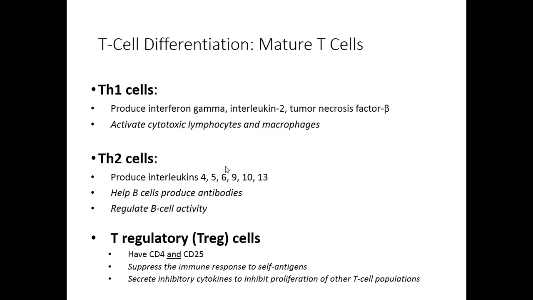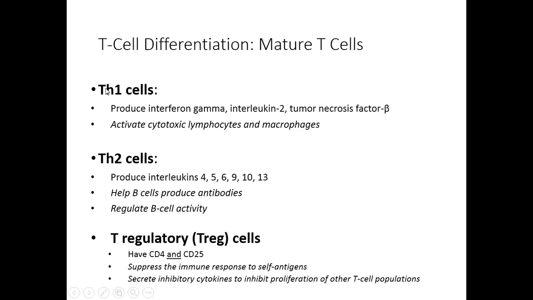T helper 1 cells, their function is to activate cytotoxic lymphocytes and macrophages. And how do they do that? When that naive T helper cell has been bombarded with cytokines from antigen presentation, it develops into one of the T cell subsets.